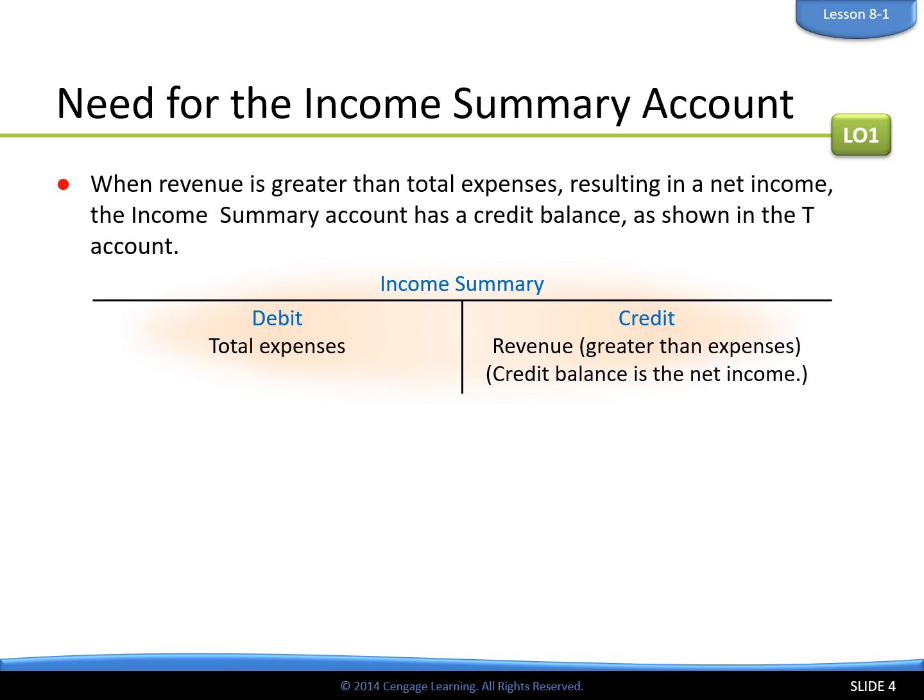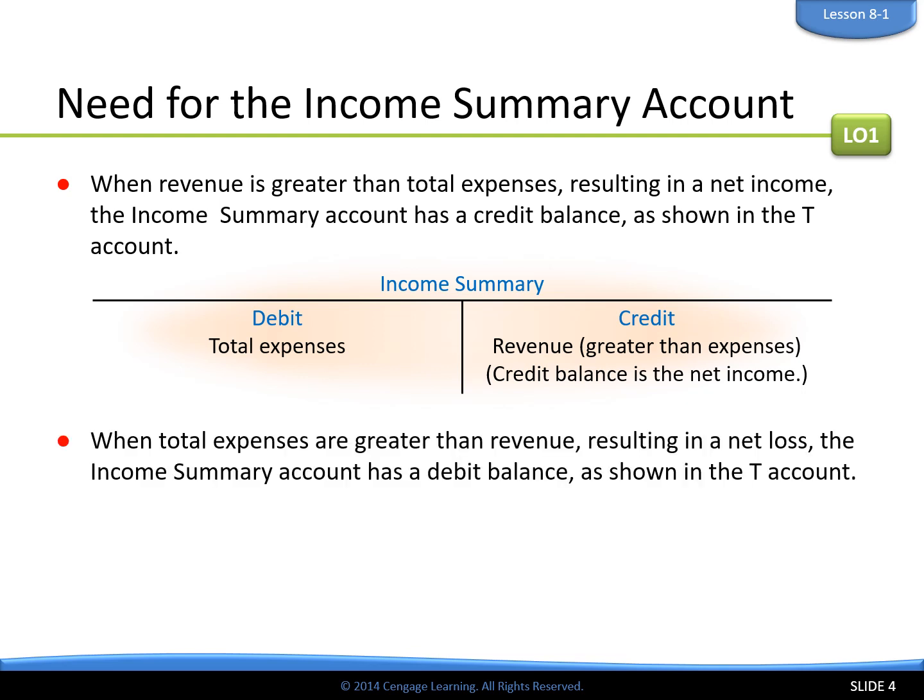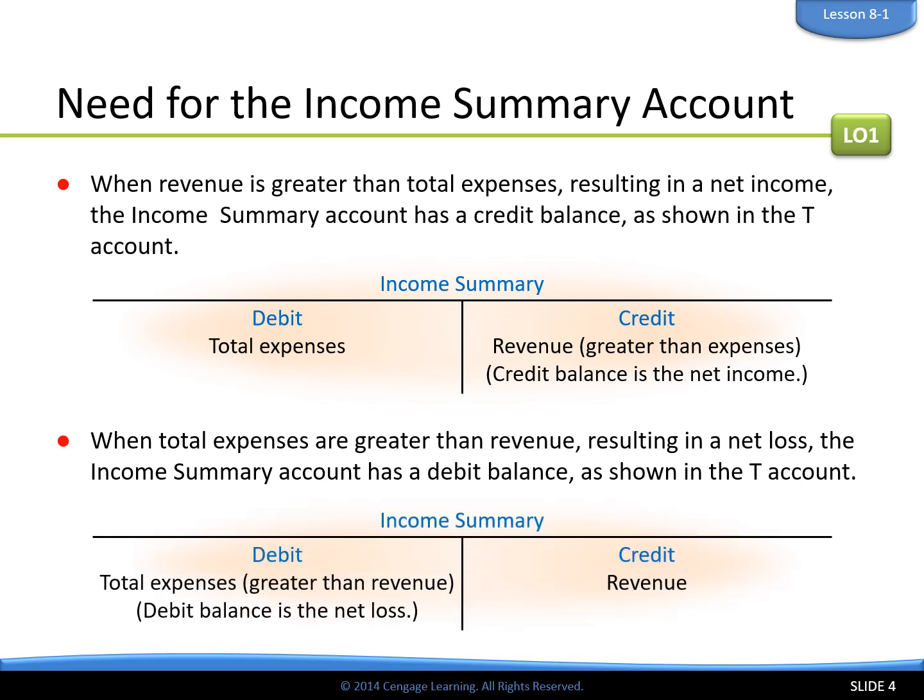The credit balance is the net income. When total expenses are greater than revenue, this is what's called a net loss. We didn't make any money. The income summary account has a debit balance, which means that our expenses were more than our sales.